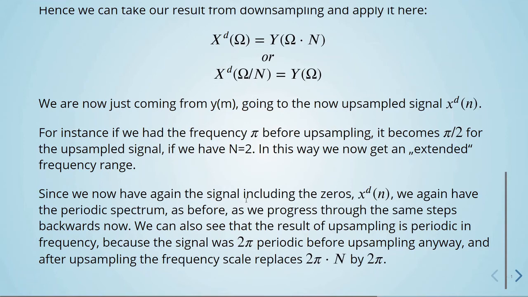We can also see that the result of upsampling is periodic in frequency, because the signal was 2 pi periodic before upsampling anyway, and after upsampling the frequency scale replaces 2 pi times capital N by 2 pi.